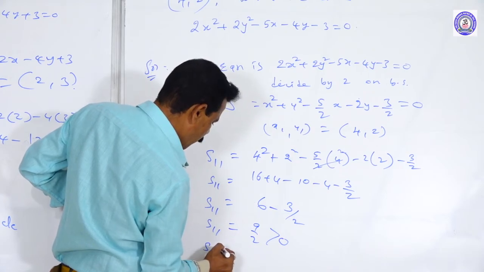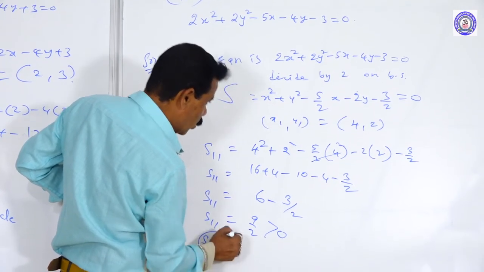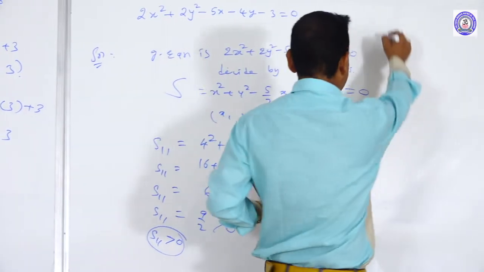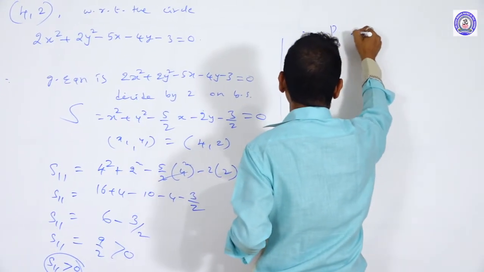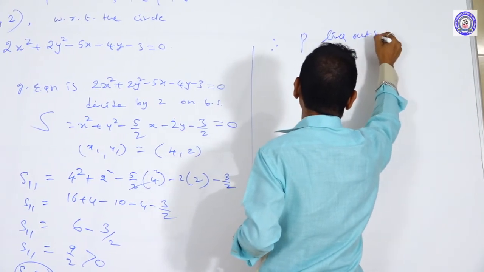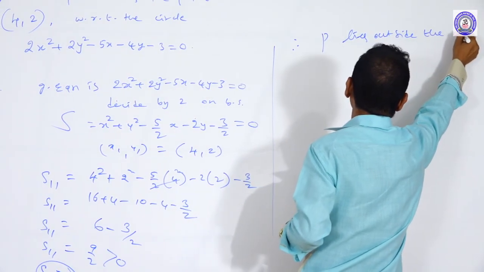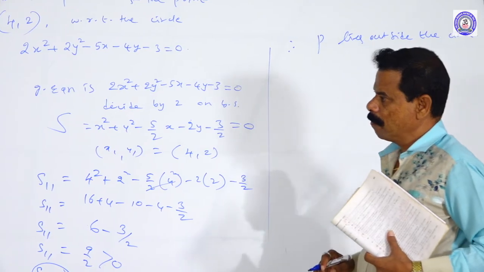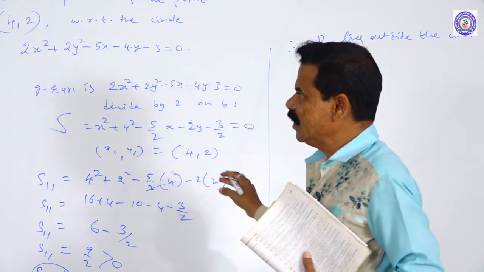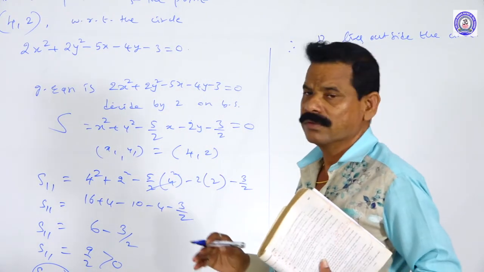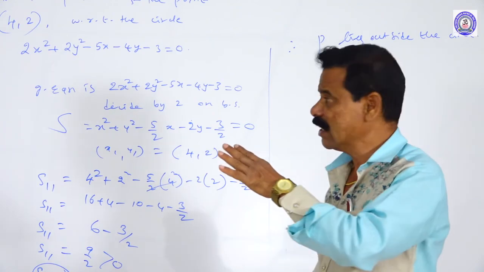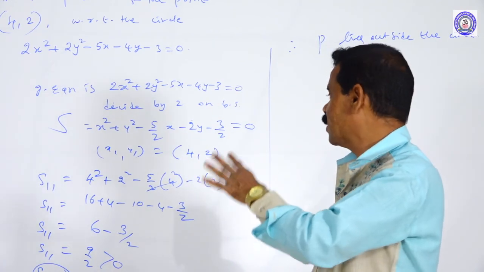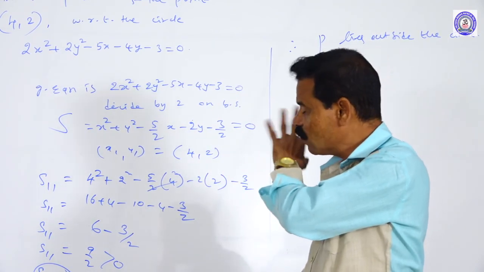S11 is greater than 0. So point P lies outside the circle. Therefore P lies outside the circle. These are the 3 cases finished: one lies inside, one lies on the circle, and the other lies outside the circle.